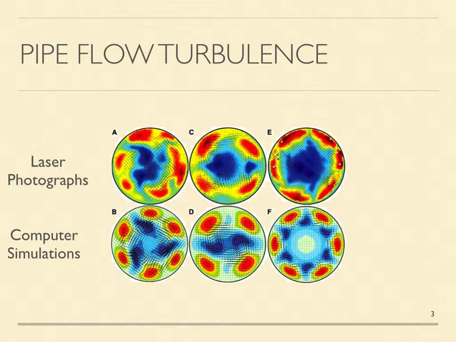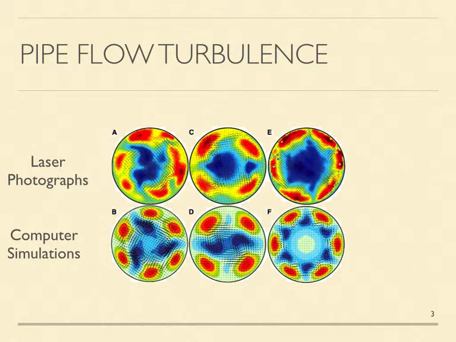In 2004, Belgian mechanical engineers used laser photography of water pipe flow to confirm mathematical predictions of turbulent pipe flow patterns. Turbulence appears in the form of bright red jet streams that move forward along the inner walls of the pipe. These force slower moving elements of the water toward the center of the pipe, where they move backward.